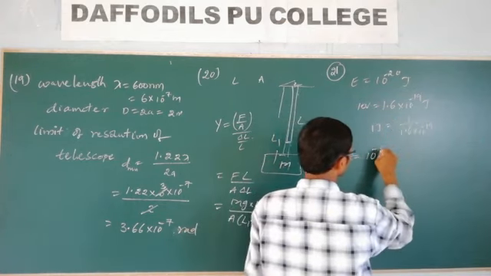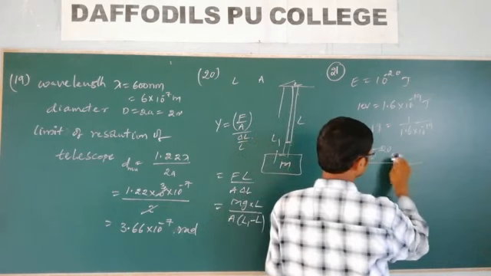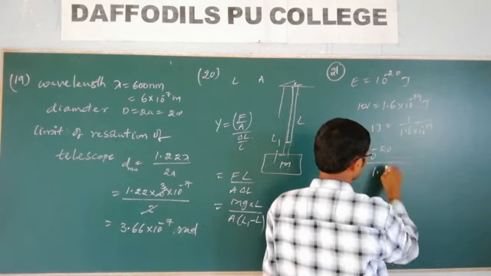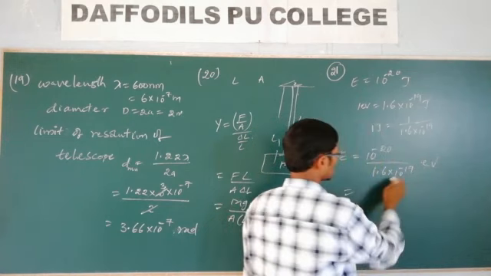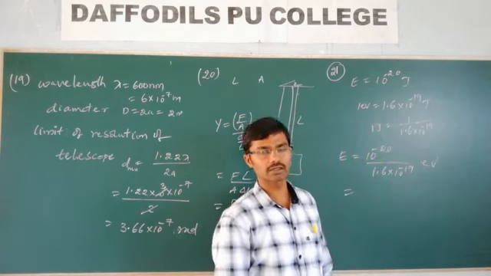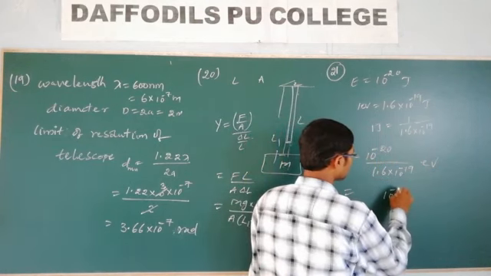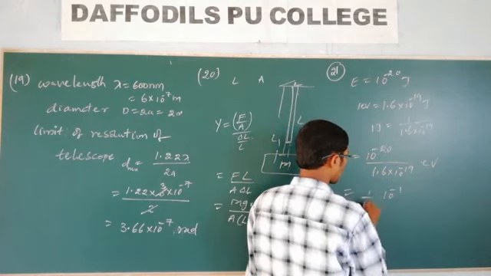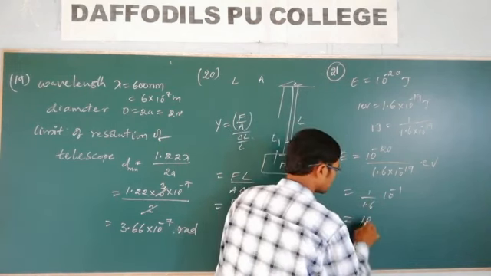Remember, 1 electron volt is equal to 1.6 into 10 power minus 19 joule. But 1 joule is equal to what? 1 by 1.6 into 10 power minus 19. Now you substitute E is equal to 10 power minus 20 into, instead of 1 joule, you divide, so by 1.6 into 10 power minus 19 electron volt.